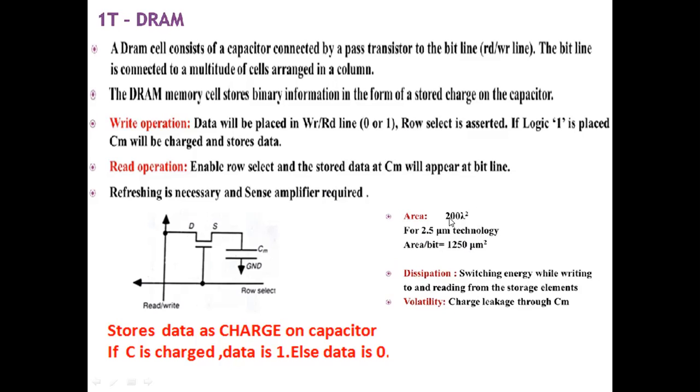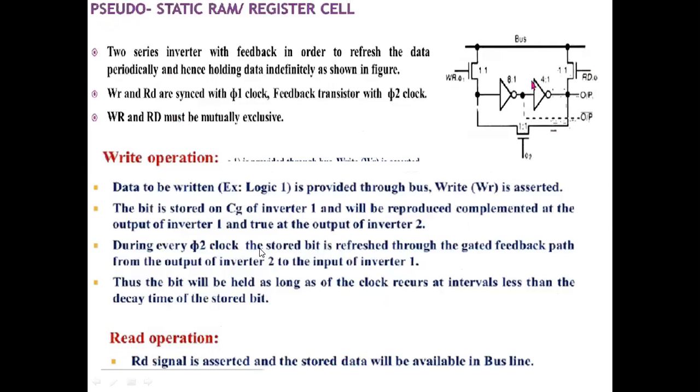We have a major problem regarding volatility, meaning we have charge leakage through this capacitor CM, and that can be the main demerit here. This capacitor cannot hold the charge forever or for an indefinite amount of time. Hence we need to use a refreshing circuit, and sense amplifiers will also be required here.